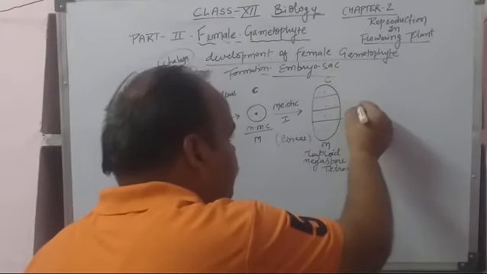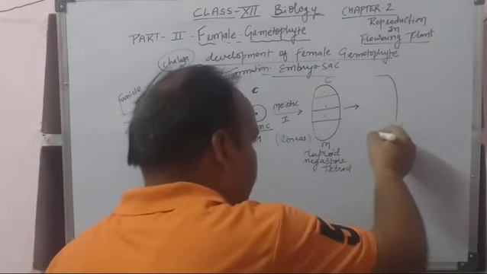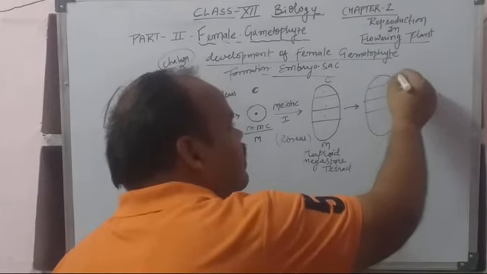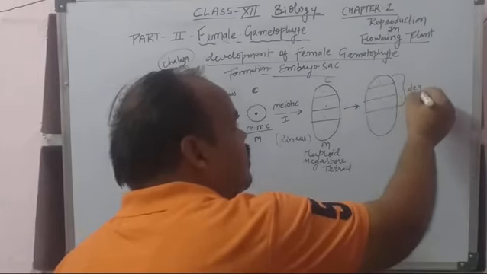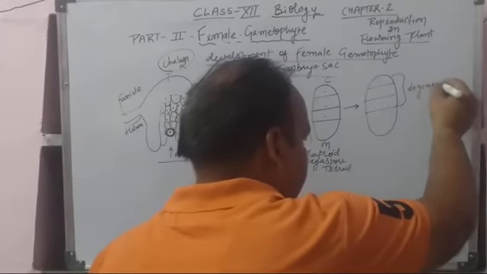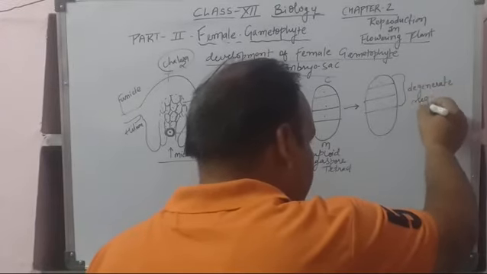the three cells at the upper position degenerate, and only one cell survives as the megaspore.